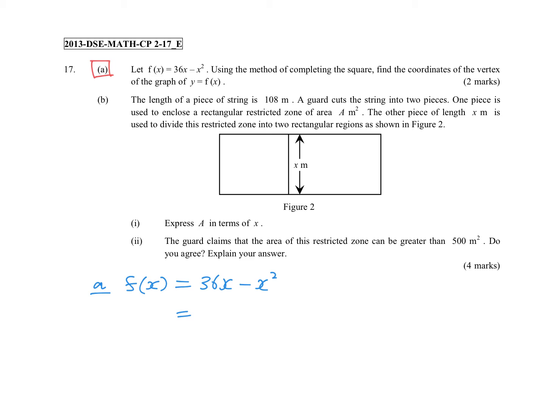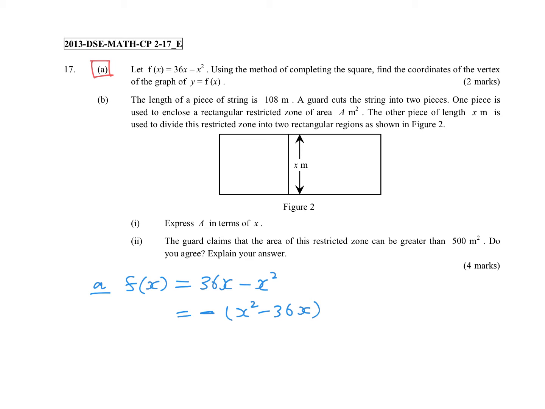Here, in order to rewrite the coefficient of x squared into 1, we take negative 1 out, to become x squared minus 36x. Now, this is very important. The coefficient of x inside the bracket is negative 36.